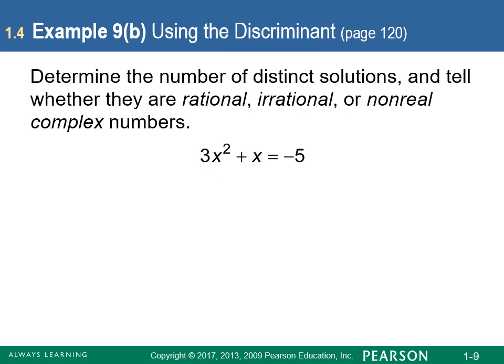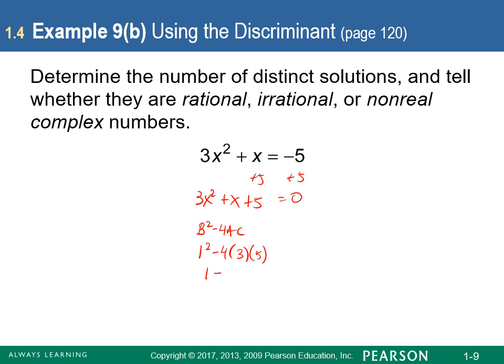Here's, again, to use the quadratic formula, we first have to fix this to 3x squared plus x plus 5 equals 0. Now, the b squared minus 4ac comes out to be 1 squared minus 4 times 3 times 5, which comes out to be 1 minus, whatever in the world 12 times 5 is.